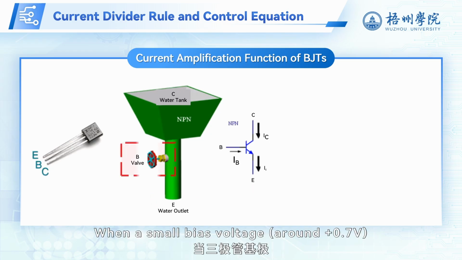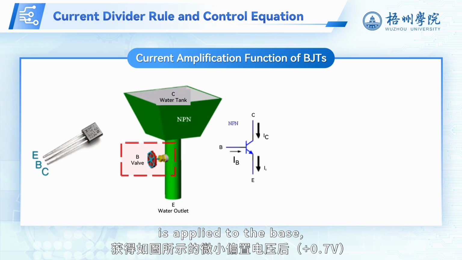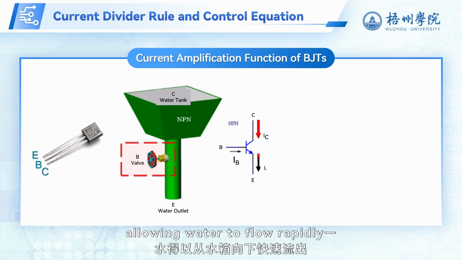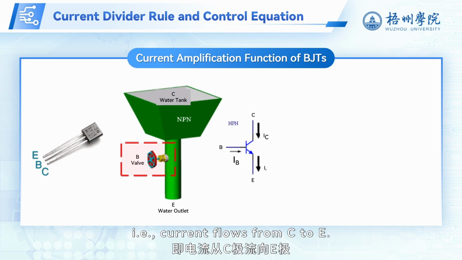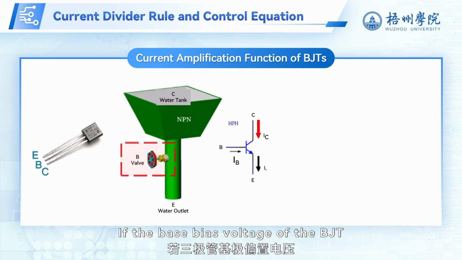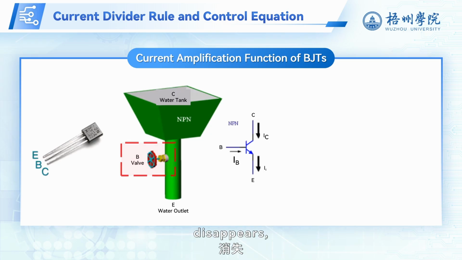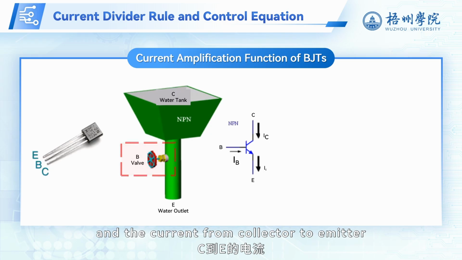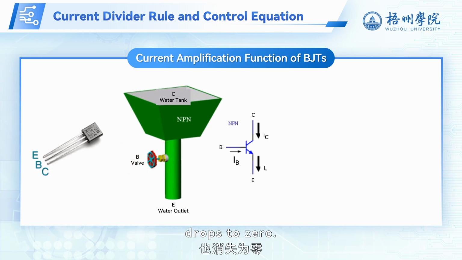When a small bias voltage, around plus 0.7 volts, is applied to the base, the valve opens, allowing water to flow rapidly, i.e., current flows from C to E. If the base bias voltage disappears, the valve closes, the water stops flowing, and the current from collector to emitter drops to zero.